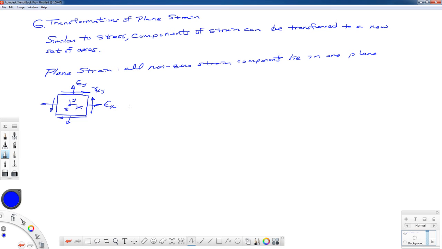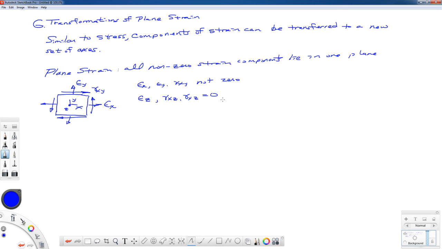In the XY plane we have epsilon x, epsilon y, and gamma xy that are not zero in general. But the other strain components, epsilon z, gamma xz, gamma yz, will be taken to be zero.